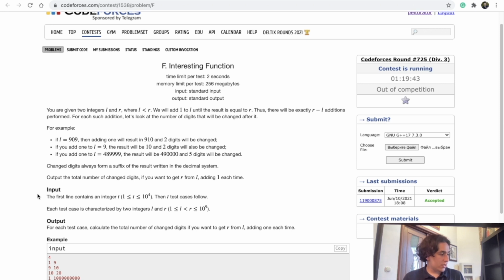And each digit changes every time when we have a number like x9999, then we add 1, and then it's x plus 1, 0, 0, 0. So then this digit x changed.